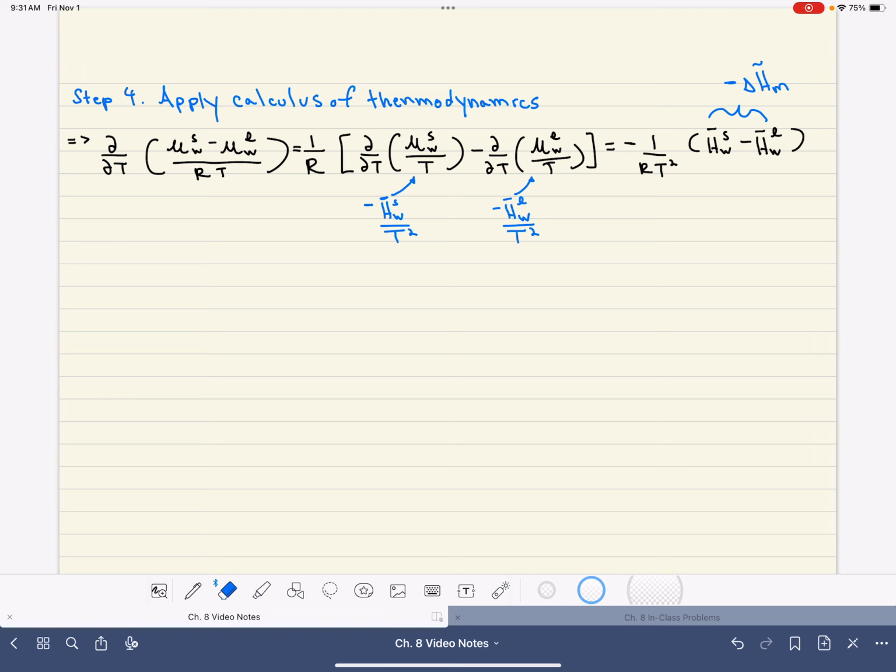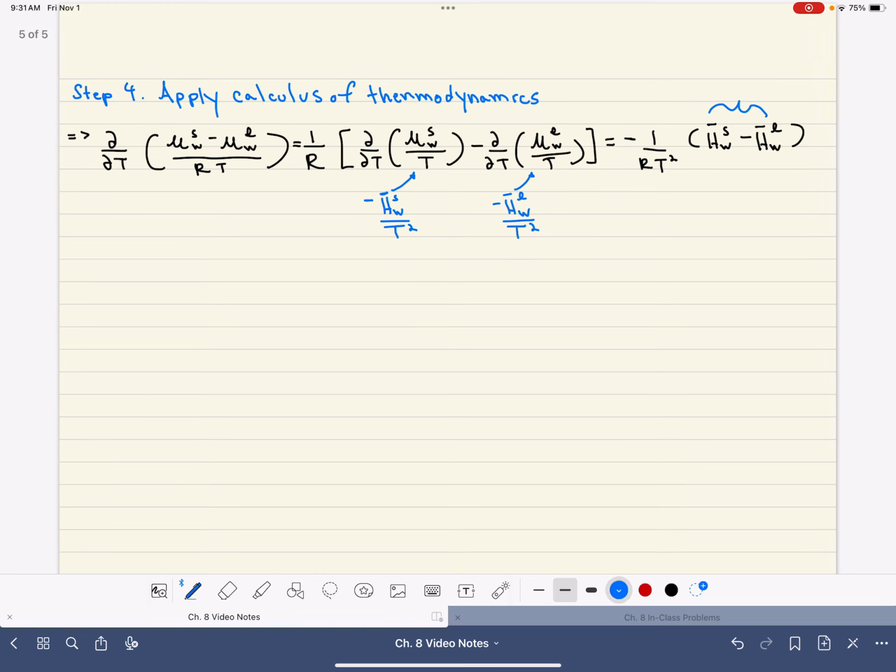And so just to make it more clear, if I pull out a negative, this is equal to this. And this difference between the liquid phase and the solid phase, right? You're looking at the enthalpy difference. That's the same thing as saying this is the enthalpy of melting.